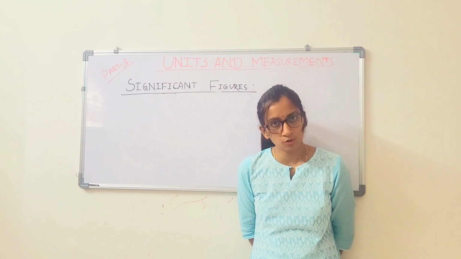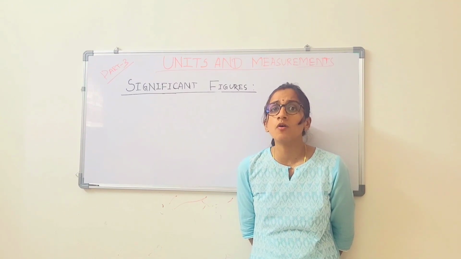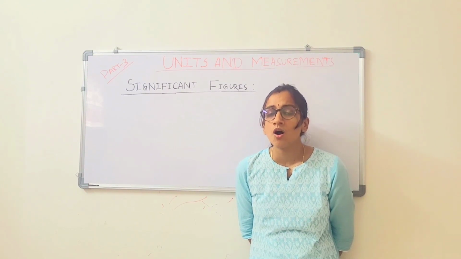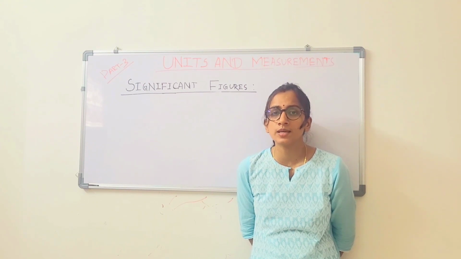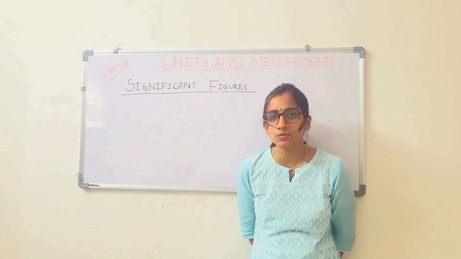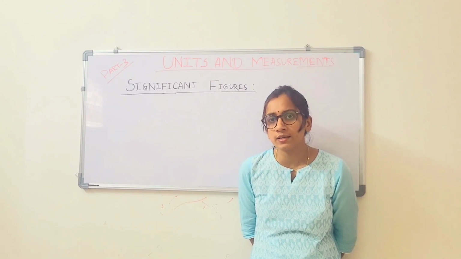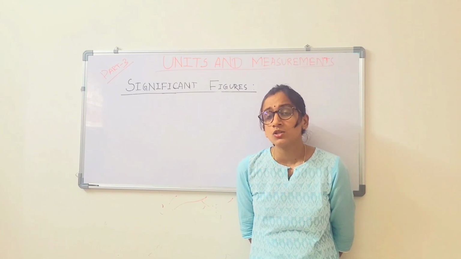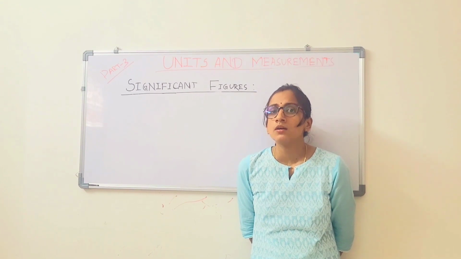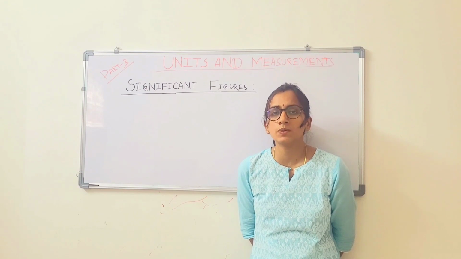Errors may be due to our measuring apparatus, may be due to our personal negligence, or may be due to some random things. For example, while you are doing an experiment related to electricity, if the power supply goes off and again comes up, then there will be a fluctuation in your reading. So there are several errors in our measurements while doing any experiment.